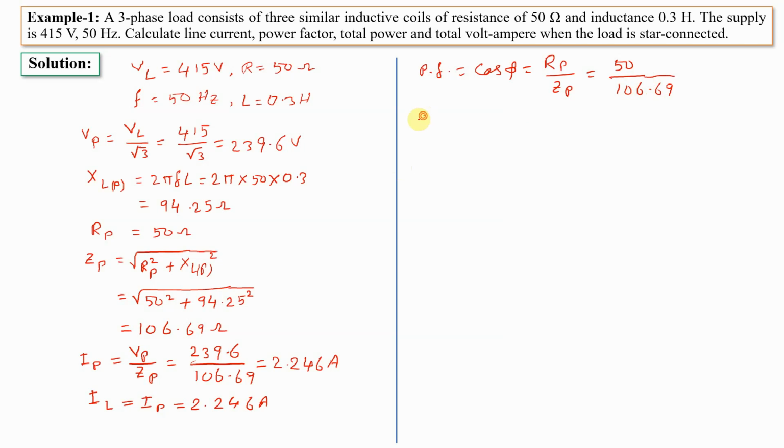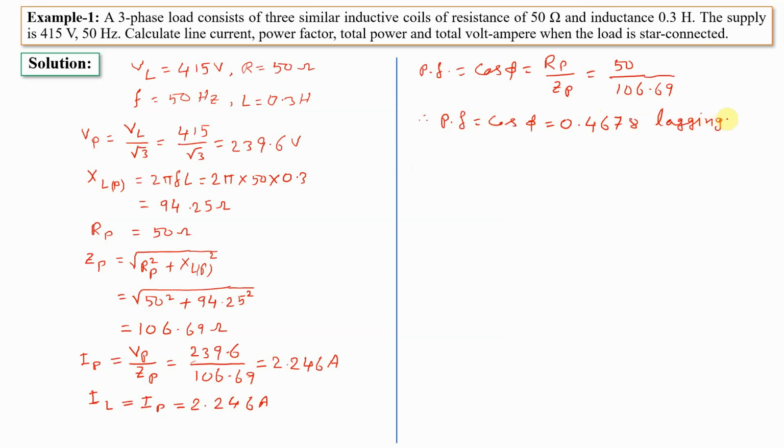So we'll get the power factor cos phi as 0.4678, and it will be lagging.